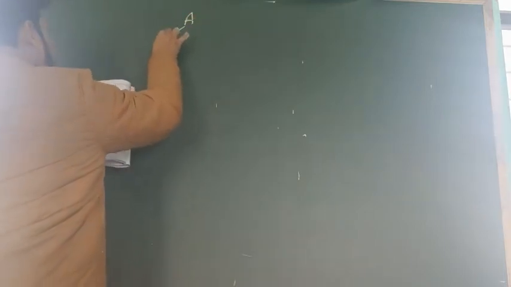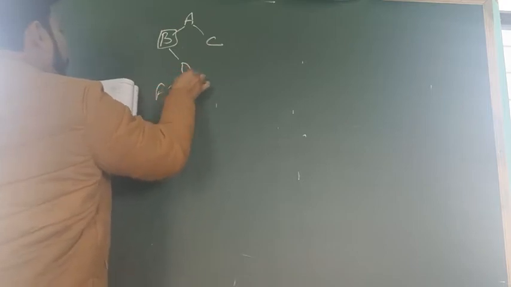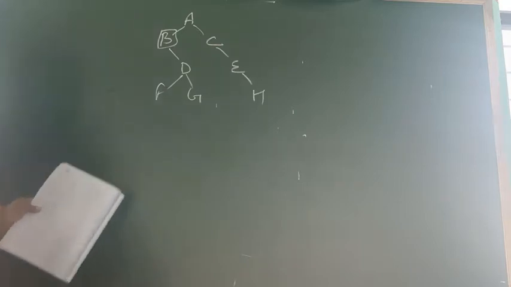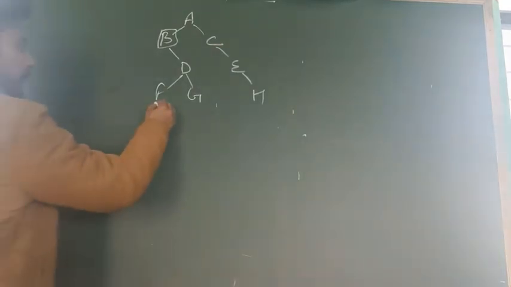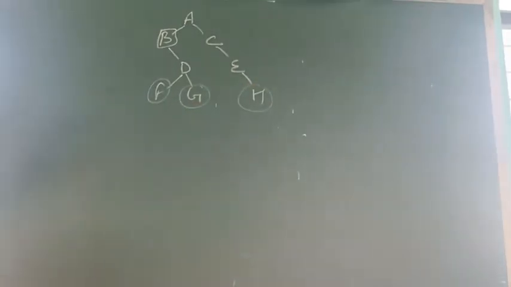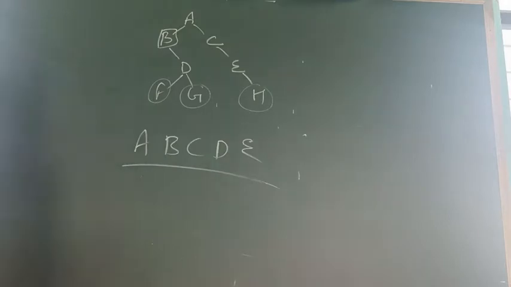A, B, C, D, F, G, E, then H. Now we have to write the internal nodes. Just ignore all the child nodes, the leaf nodes, the nodes at the very end, which I call leaf nodes. Just ignore those nodes. And the answer for your internal nodes is A, B, C, D, E.